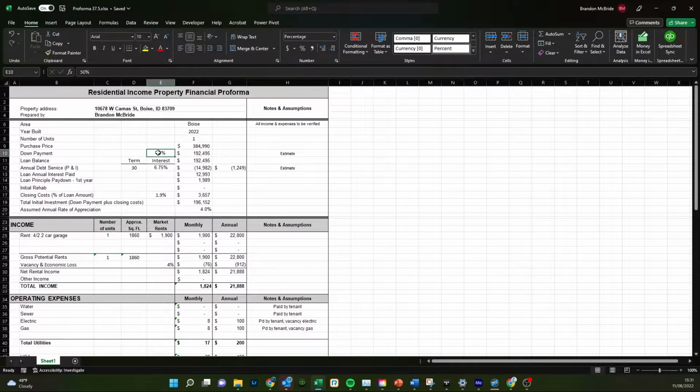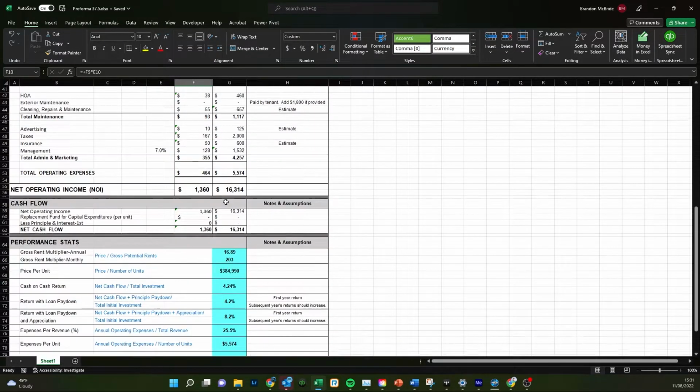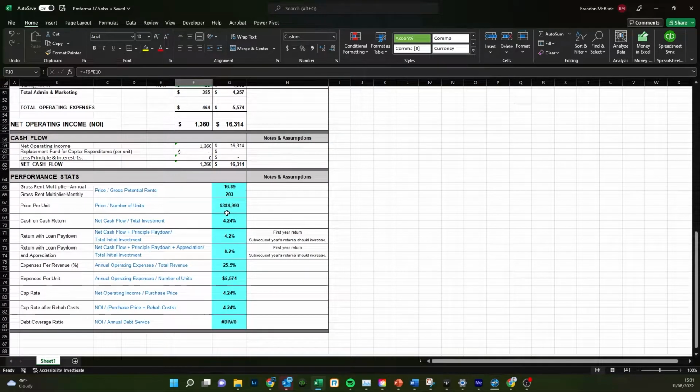Now, take a look. So that was 9.5%. Now, if we just change to putting 100% down, if we put the full $384,990 down on this property, and we scroll down, take a look at this, our overall internal rate of return drops to 8.2%.